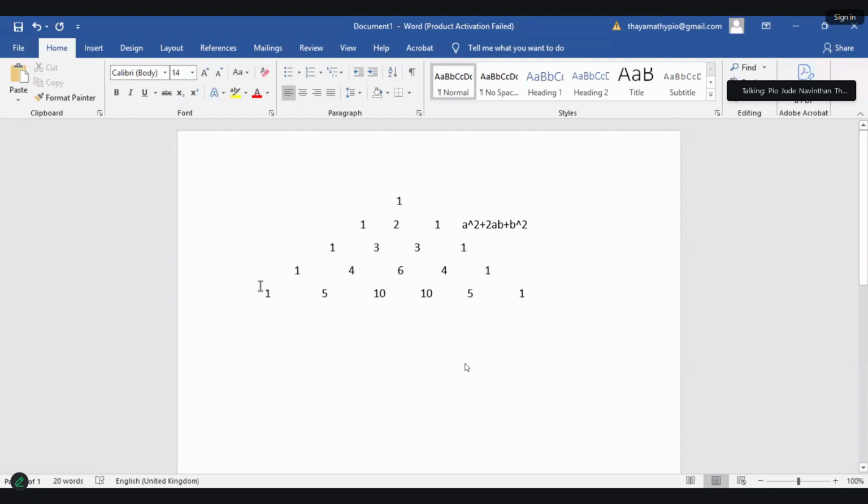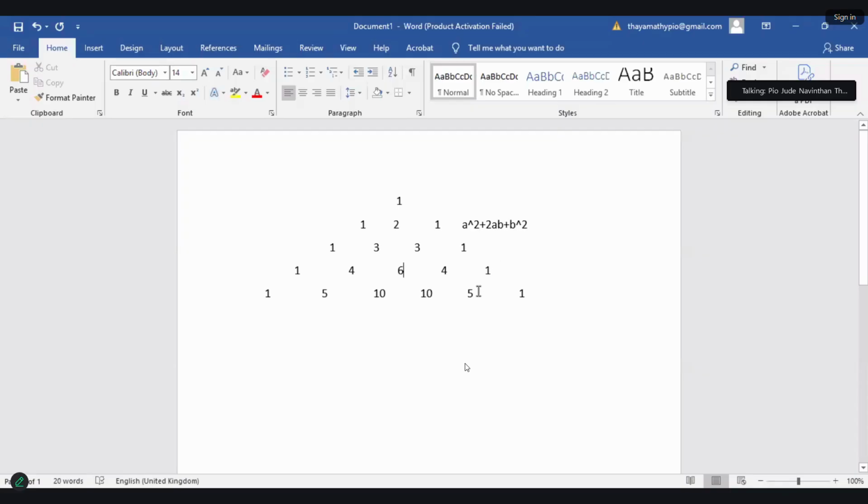Again 1. The next step, it will start with 1. 1 plus 4, 5. 4 plus 6 is 10. 6 plus 4 is 10.